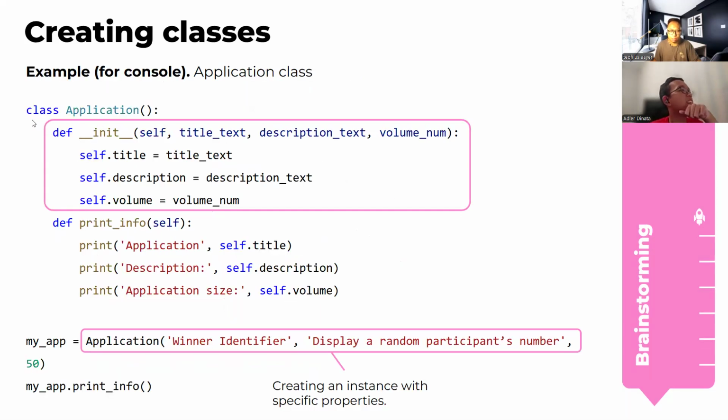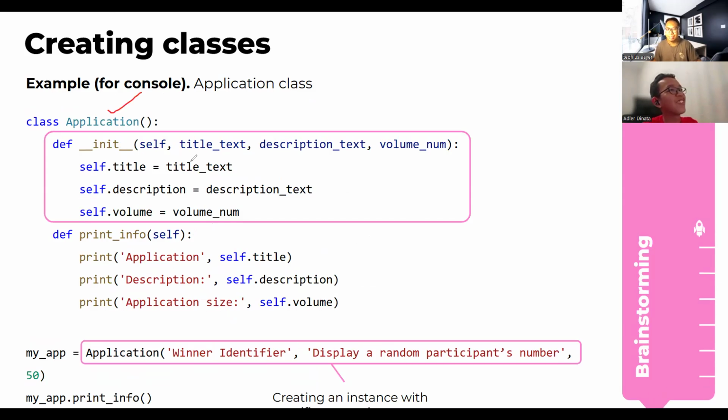Yep, something like this. I think you're still reminiscing about the old days, right? Then you give some info, some features, and then you assign it to the object, something like this. And you just do some print to give some output. This is how you show the value, the title, the description, the volume.